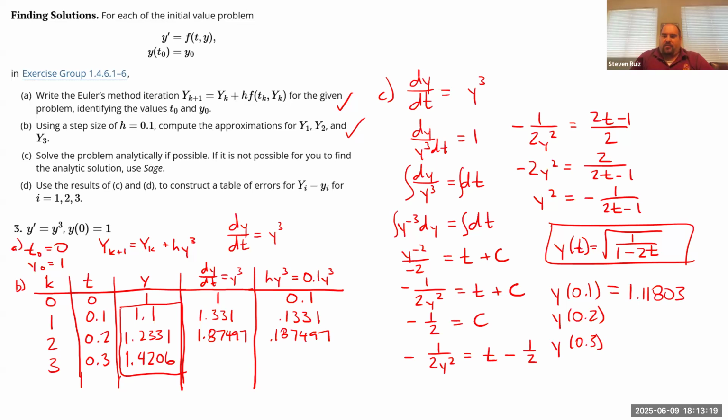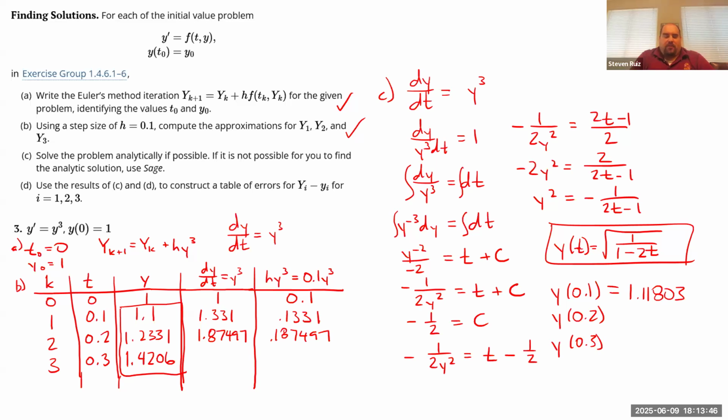Right, next. All right, so what about when t is equal to 0.2? So in the denominator, 1 minus 0.4. So 1 over 0.6. Square root of that.